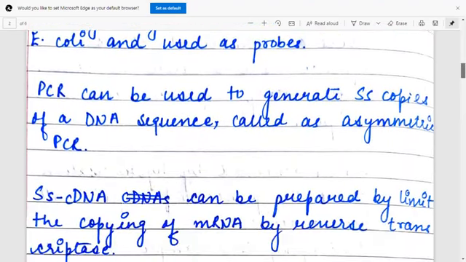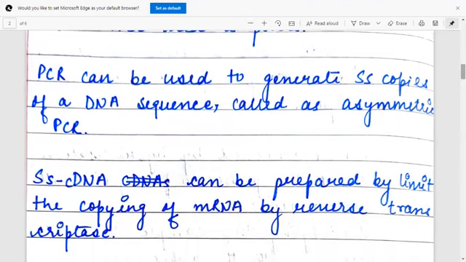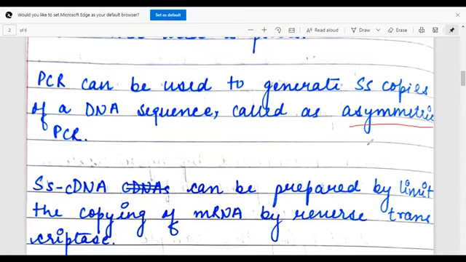Another way is using PCR to generate single stranded copies of a DNA sequence, called asymmetric PCR. So what is asymmetric PCR? Normal PCR consists of a forward primer and a reverse primer.